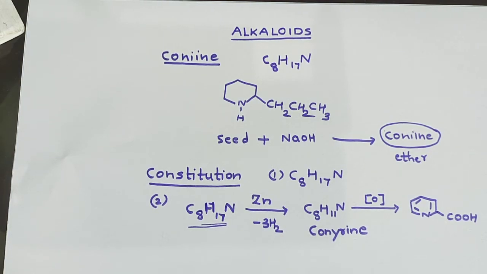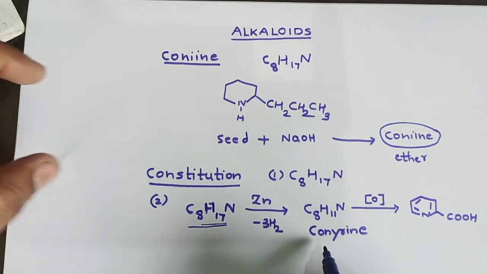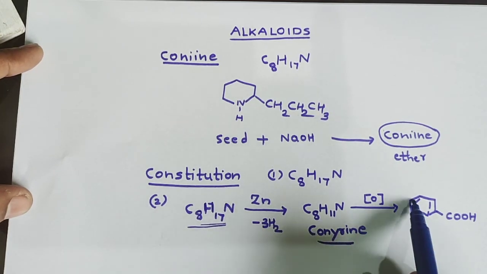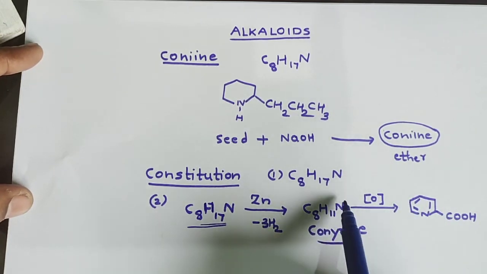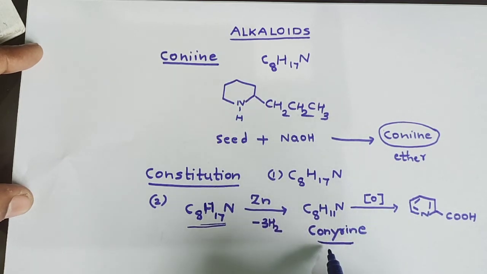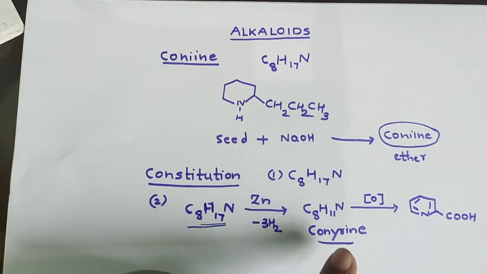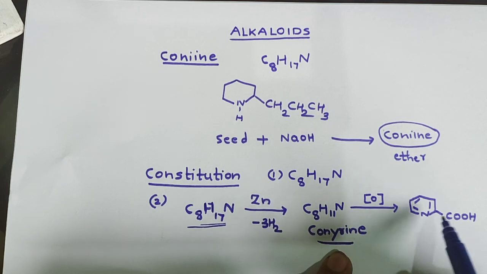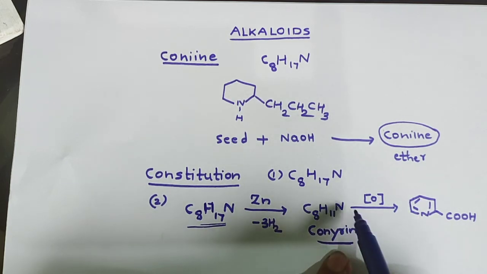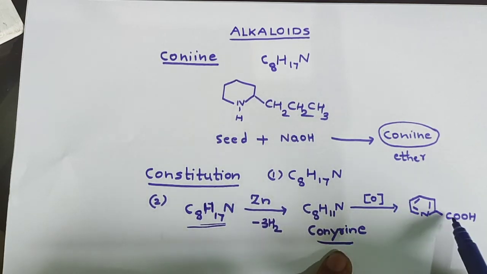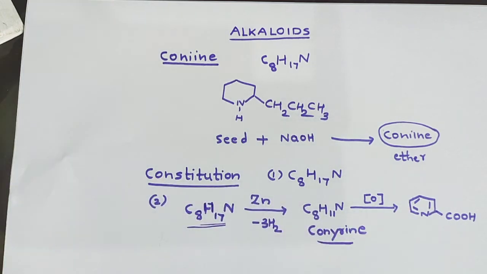One is, the molecule should contain a pyridine nucleus with a side chain, because on oxidation it gives pyridine with carboxylic acid. The side chain may have been oxidized to an acid.